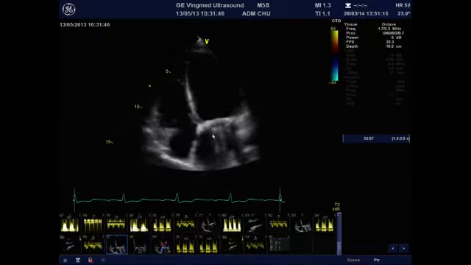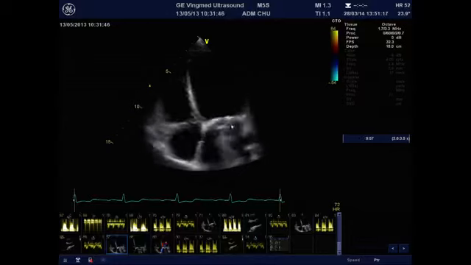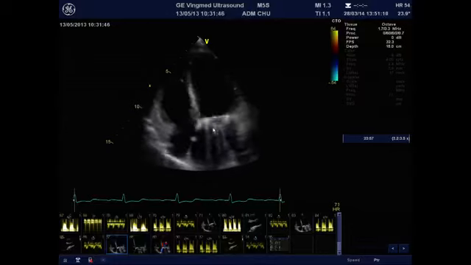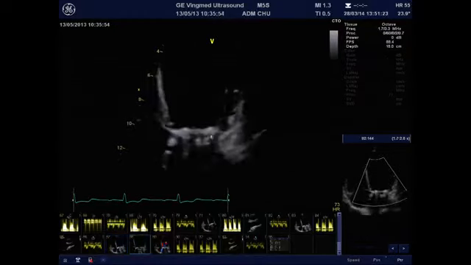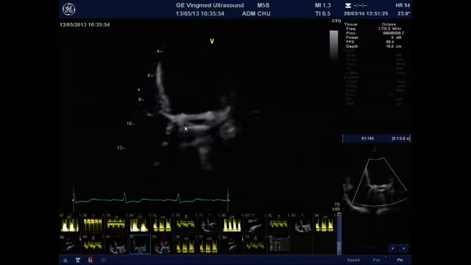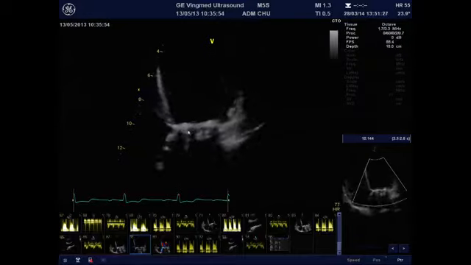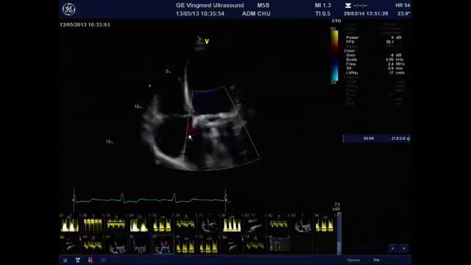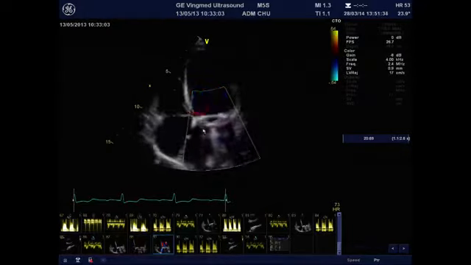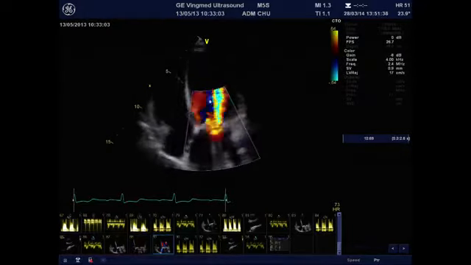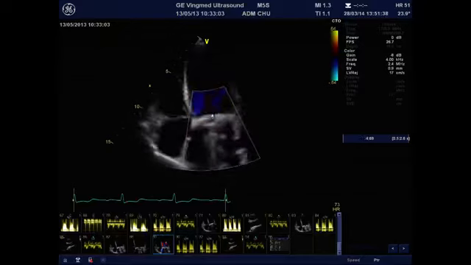Here you can see when you assess the mobility of the disc, the mobility is strictly normal. And if you use the zoom mode, you can see that when you look at that prosthesis, it seems to be completely normal. But when you put the Doppler flow over here, you can see the aliasing and the high velocity.